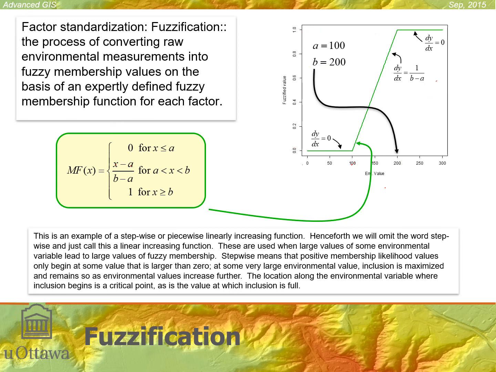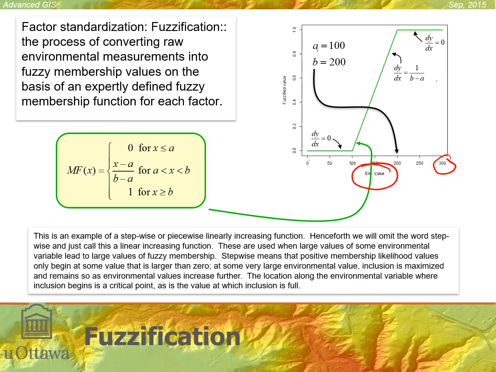So we transform growing degree days or any environmental value. And again, the values here on the x-axis for different environmental values will be different. So 100 and 200 are, in this case, picked specifically because of our knowledge of Kudzu and its relationship to growing degree days. If it's a different environmental variable, the x-axis won't be the same, and therefore a and b will not be 100 and 200.